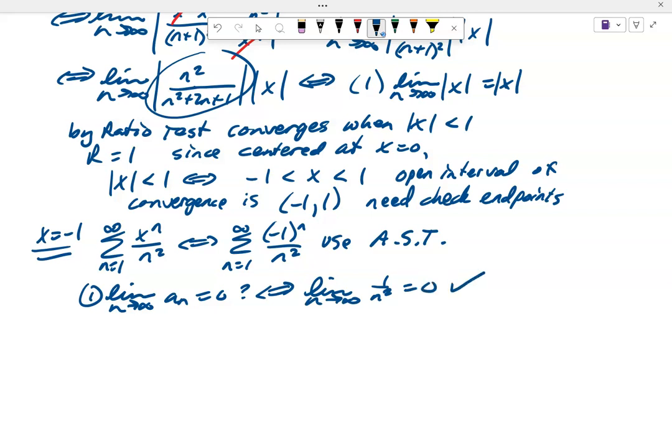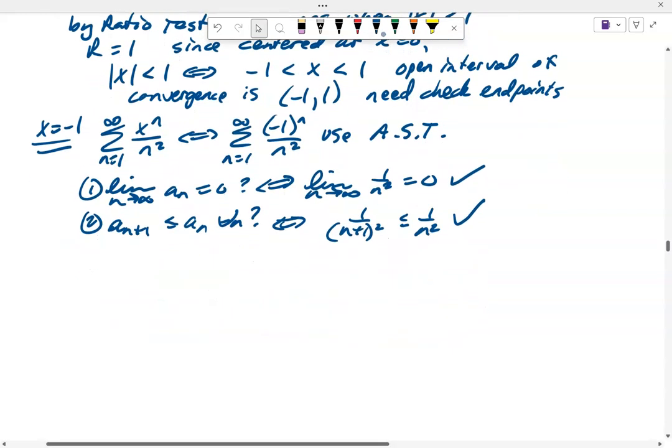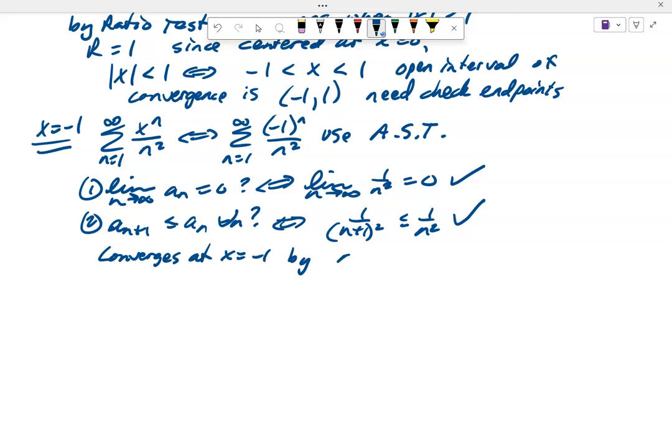Yes, it does. So it satisfies the first condition. Is a to the n plus 1 less than or equal to a to the n for all n. So there's 1 over n plus 1 squared less than or equal to 1 over n squared. That's also true. So it does converge at -1 by the alternating series test.